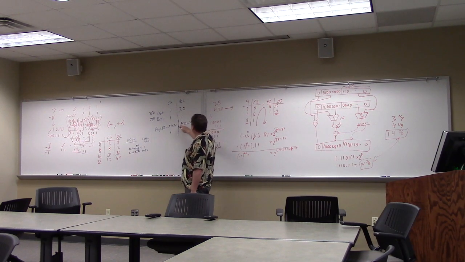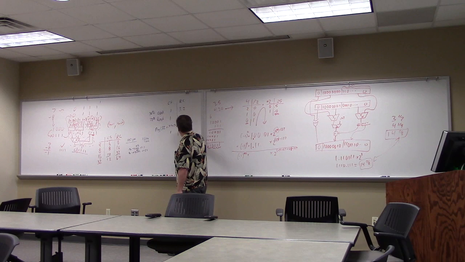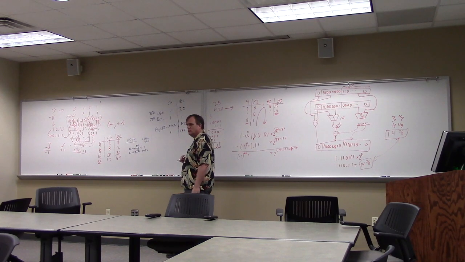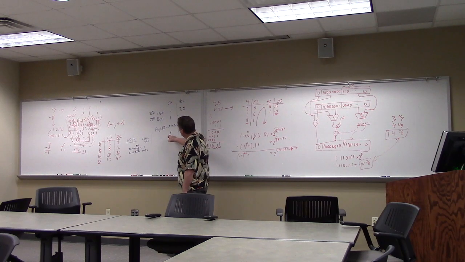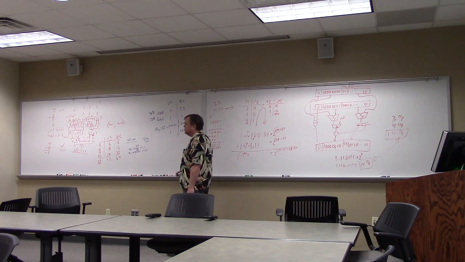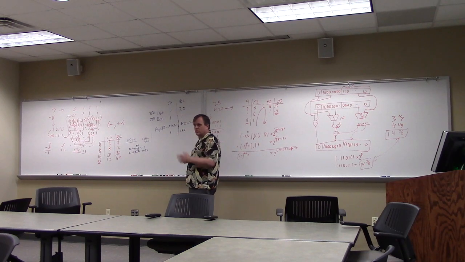That's 0.96 plus 0.7, which gives me 1.67. So the CPI with conditional sum is 1, and with ripple carry it's 1.67.